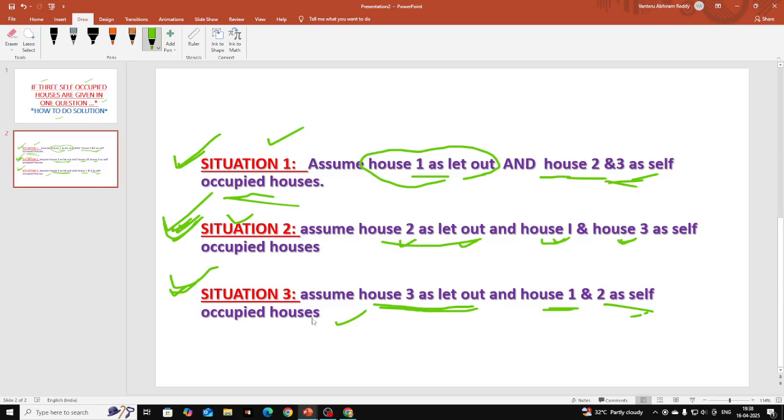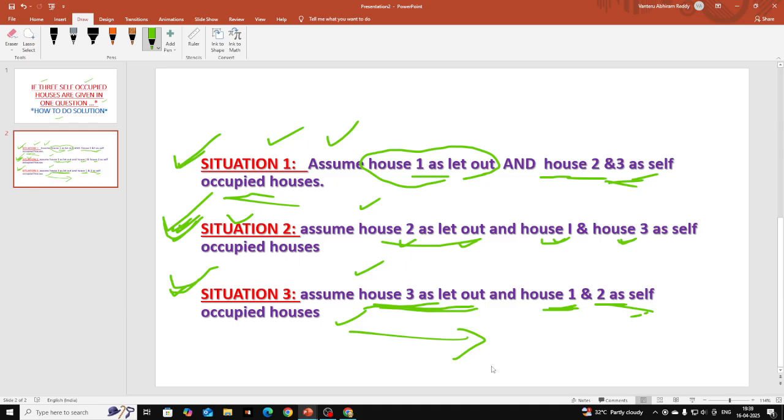Suppose he is getting net income under situation 3 as less, then he will say that he is going to treat house 3 as let out and house 1 and house 2 as self-occupied houses, because income is less under situation 3.